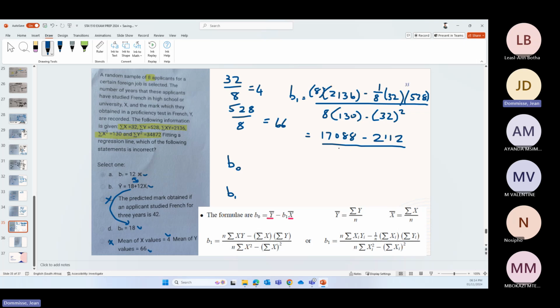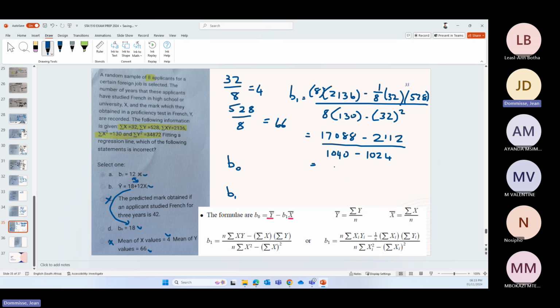150 times 8 is 1040, minus 32 times 32, 1024. So this is going to be a big number. 17088 minus 2112.